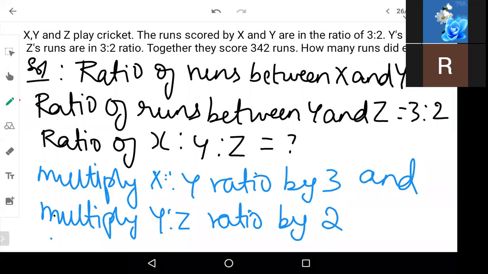Yes or no? Okay, good. So we are going to take the first ratio, X is to Y, which is 3:2.